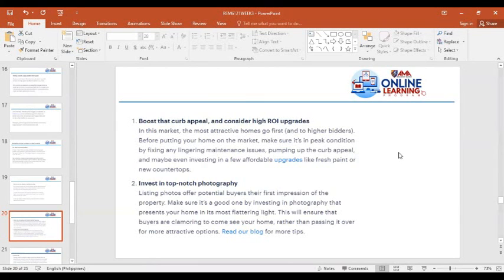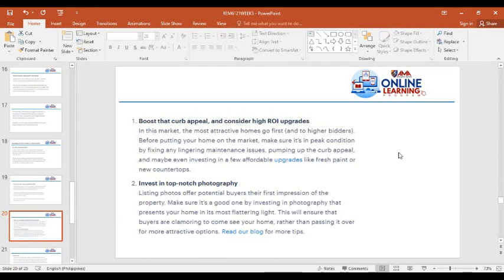Number two, invest in top-notch photography. Listing photos offer potential buyers their first impression of the property. Make sure it's a good one by investing in photography that presents your home in its most flattering light.